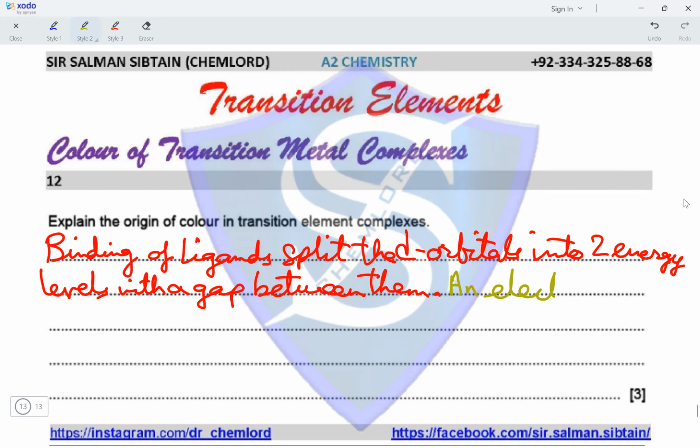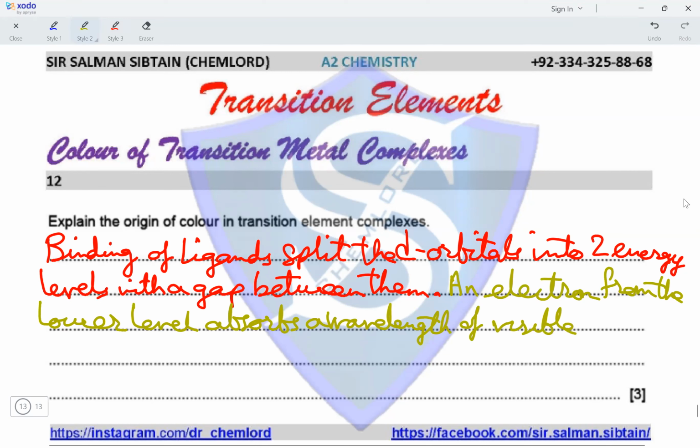An electron from the lower level absorbs a wavelength of visible light and gets promoted to the higher level.